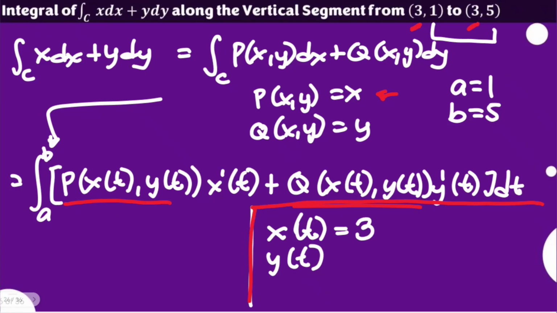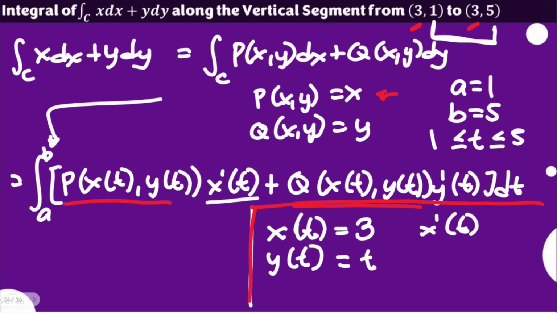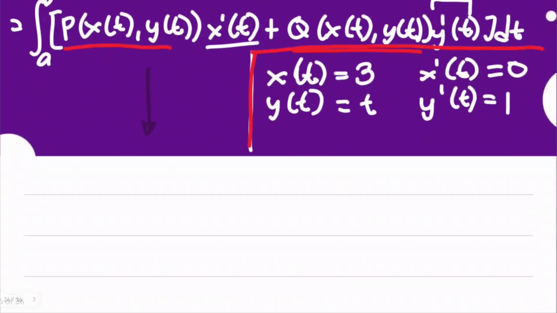As for your y(t), it's t, because t changes from 1 to 5 from this perspective. With that, what we need more would be the first derivatives. The first derivative of 3 is 0, and the first derivative of t is just equal to 1. With all of this already identified, let's now apply it in the formula.